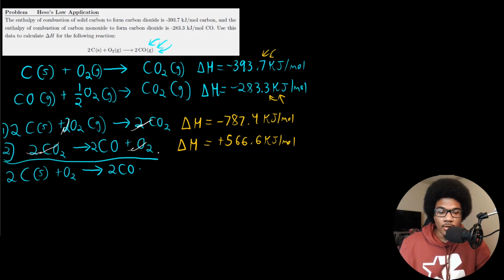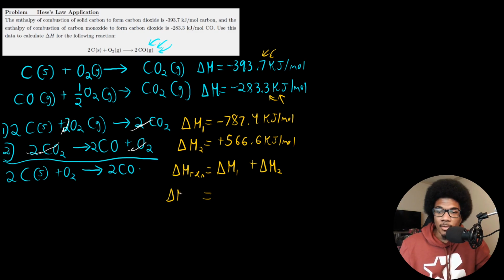So now in order to solve for the enthalpy, right? So I'll call this one delta H1 and this one delta H2. To solve for the enthalpy of the reaction, right? All I've got to do is take delta H1 plus delta H2 by Hess's law, right?